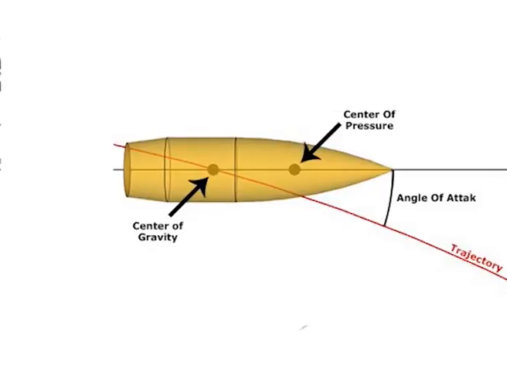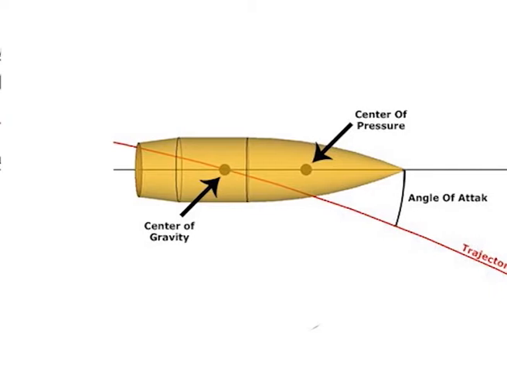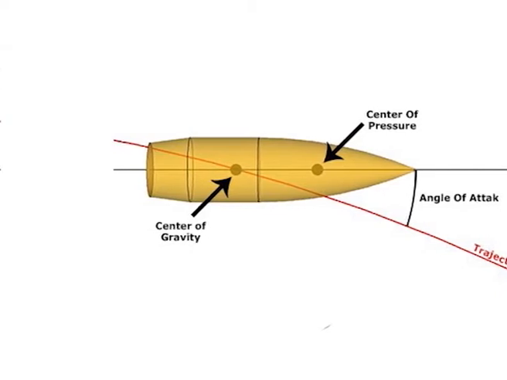It loses gyroscopic stability and may tumble after ricocheting. The range will decrease, contrary to the popular belief that a ricocheting bullet will have the elevation for maximum range. The projectile may carry some material from the surface of the target after ricochet.